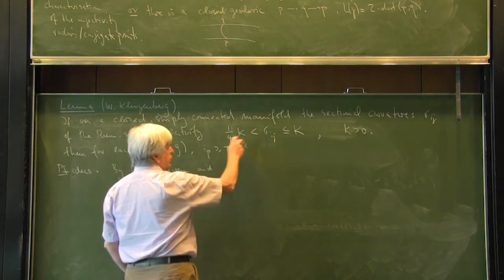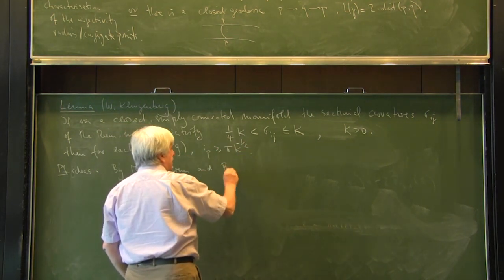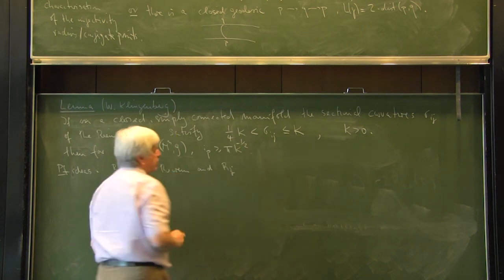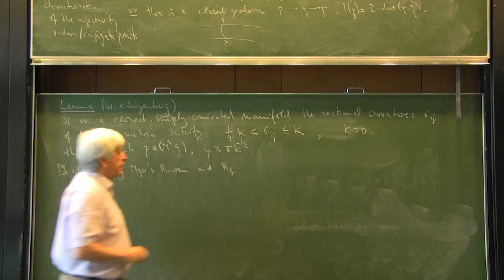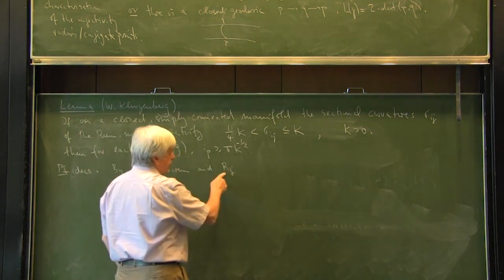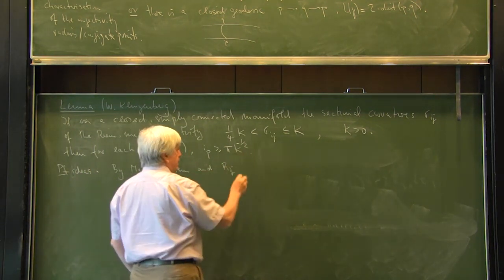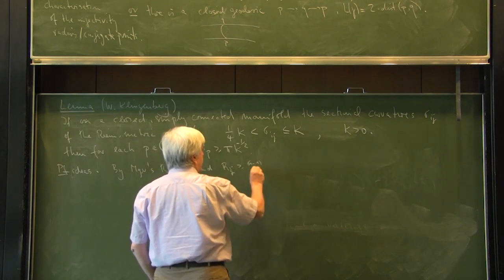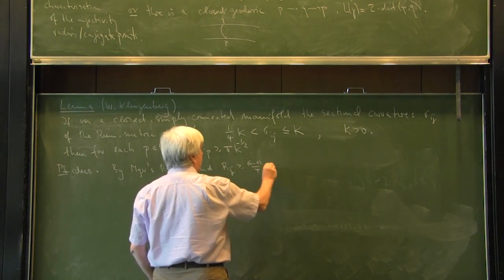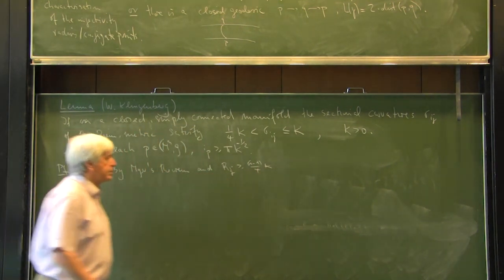You see, if each sectional curvature is bigger than 1/4 times k, then the Ricci curvature, which is n-1 times this, gives you n-1 divided by 4 times k times gij.